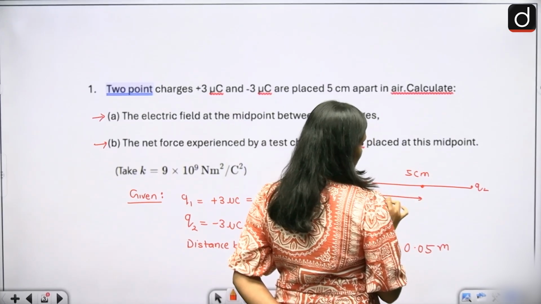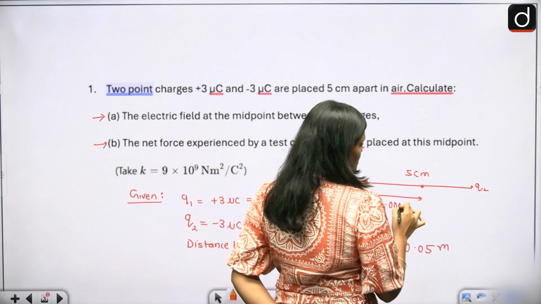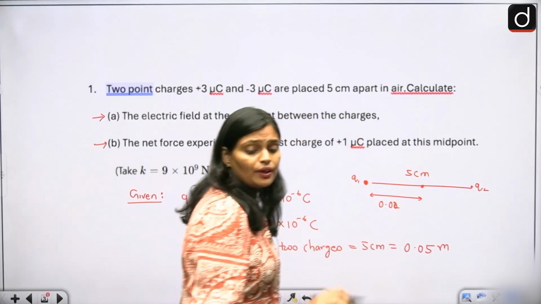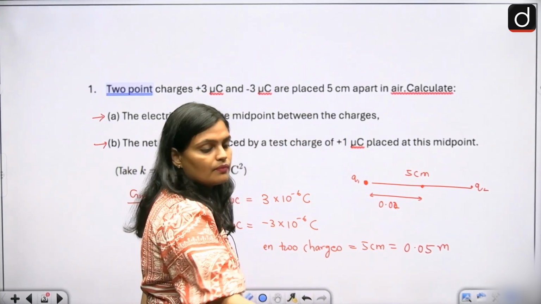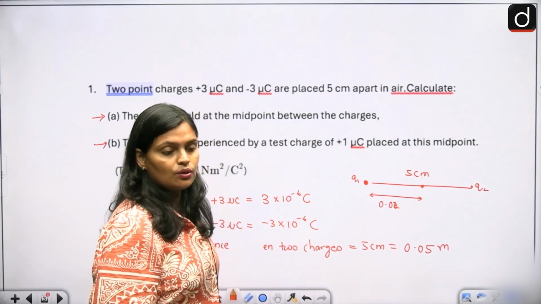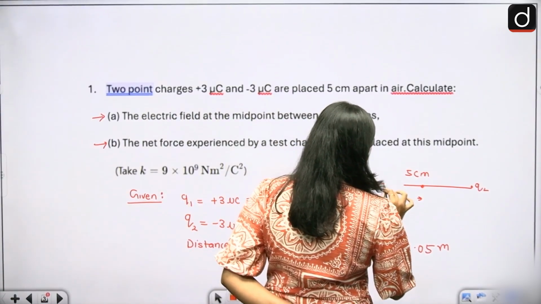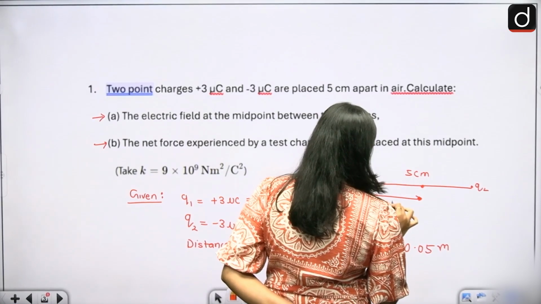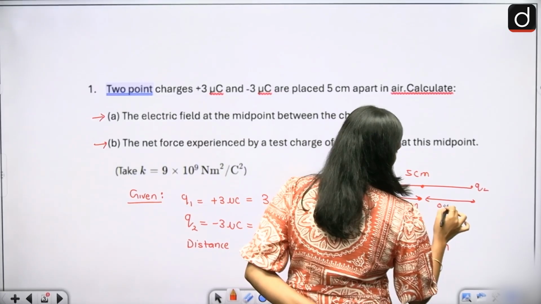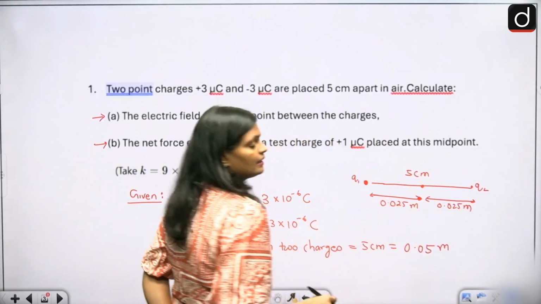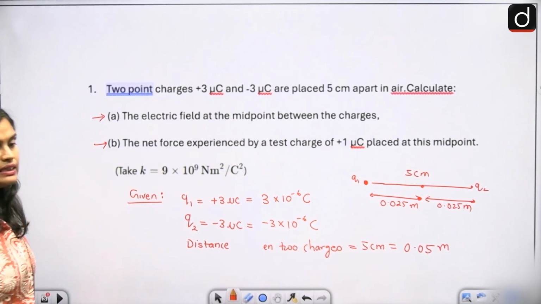From here to here, it is 2.5 centimeter, which is ultimately 0.025 meter. The other half is also the same, 0.025 meter. This is the distance of the midpoint from each charge.